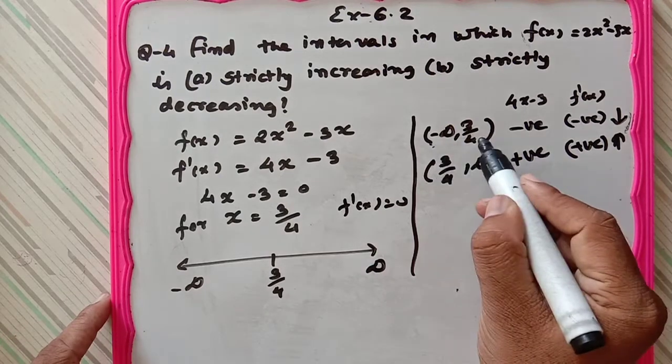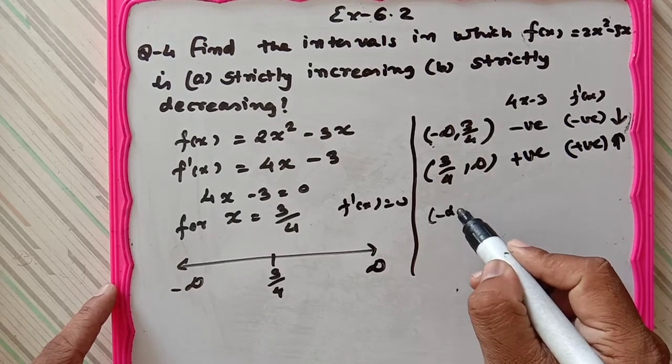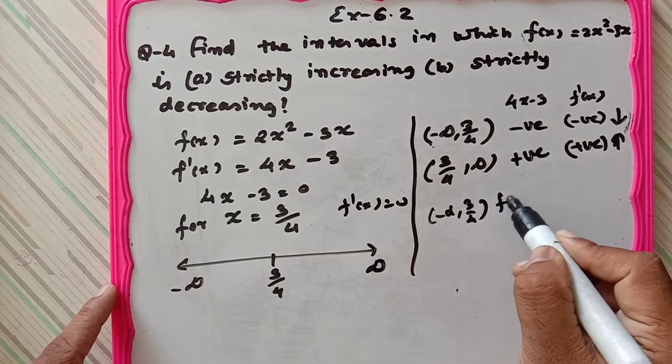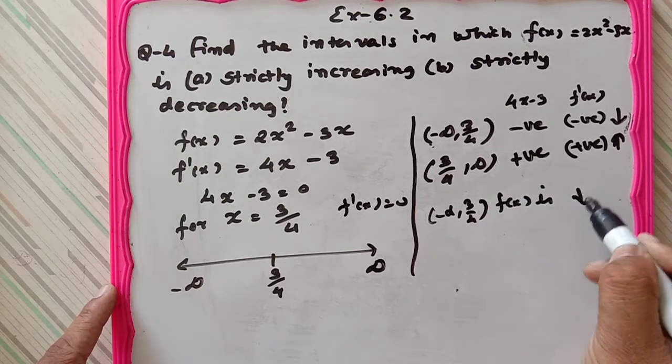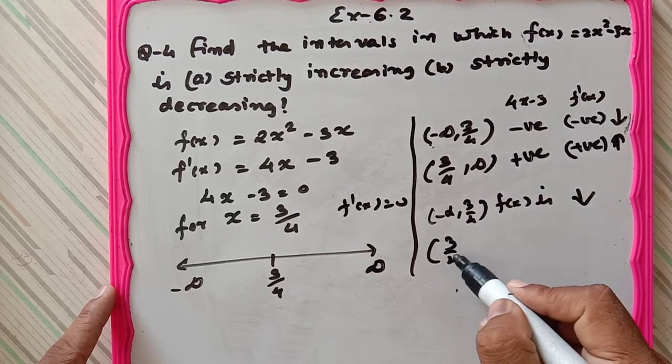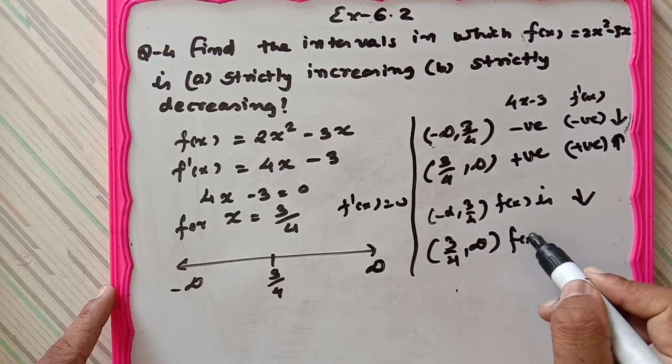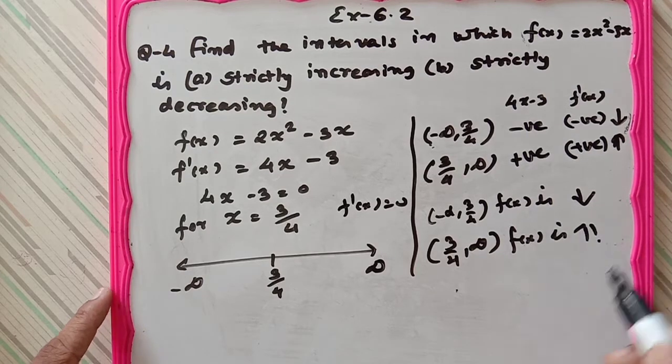So in (−∞, 3/4) f(x) is decreasing, while in (3/4, ∞) f(x) is increasing.